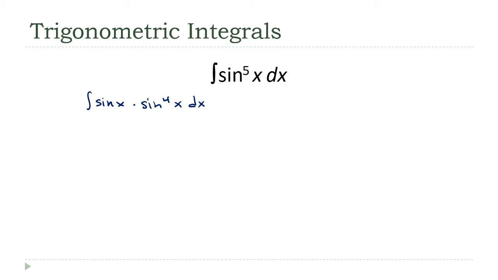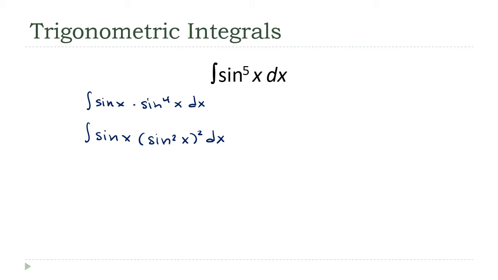All right, now that's sine to the fourth. That's sine squared squared. So I'm going to make this the integral of the sine of x times the sine squared of x squared dx.